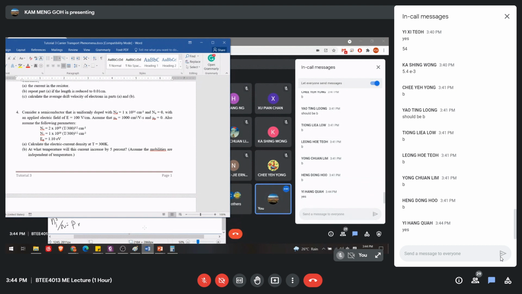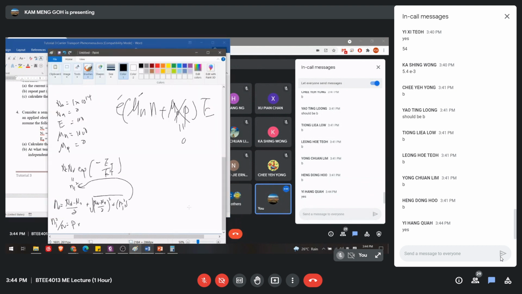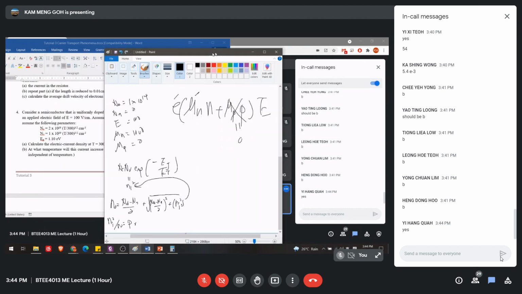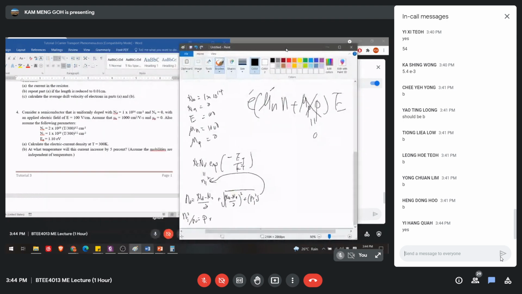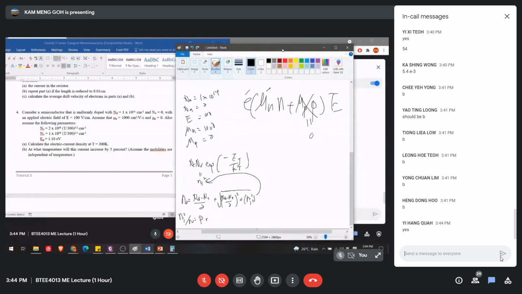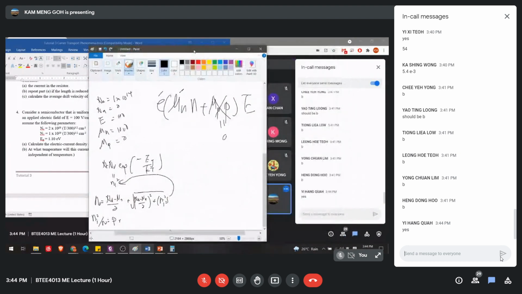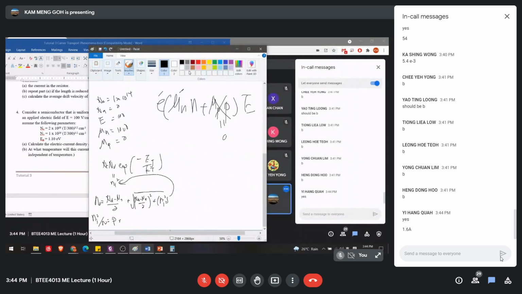What's the answer for this 4A? 1.6 A. The rest of you, do you get the same answer?